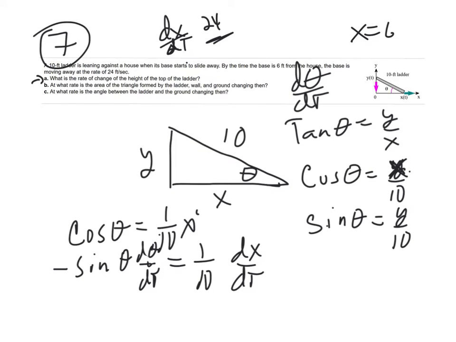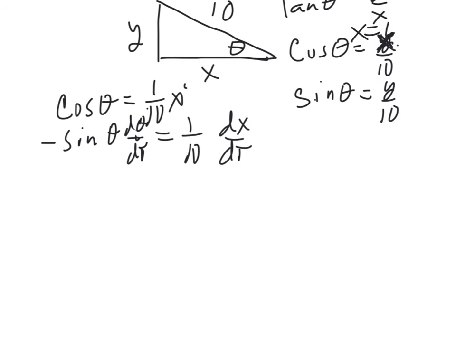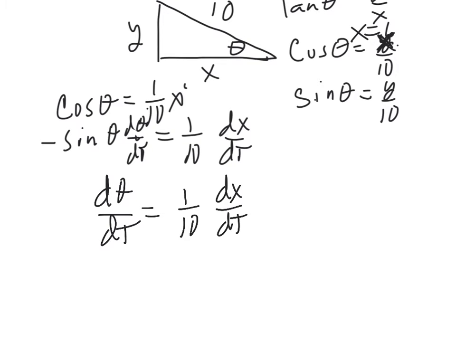And if we divide, so I'm looking for dθ/dt. So I'm going to divide both sides by negative sine of theta, times negative cosecant theta, right? Because the reciprocal of the sine is the cosecant.